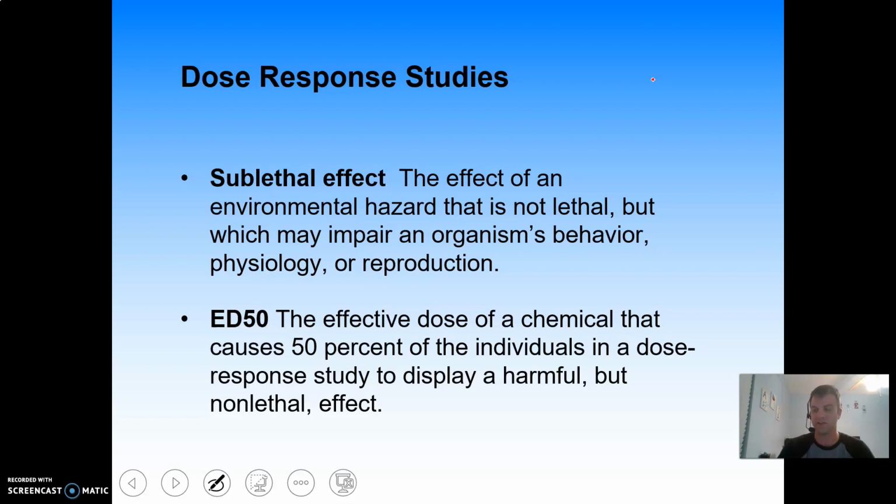So instead of an LD50, sometimes we'll look at an ED50, which is the effective dose of a chemical that causes 50% of the individuals in a dose response study to display that harmful effect, whether it be a mutation, a heart defect, or any kind of thing, maybe a reproductive effect, sterility, stuff like that. The ED50 is going to be the effective dose. What's the concentration of this chemical that causes 50% of the population to display this harmful trait?